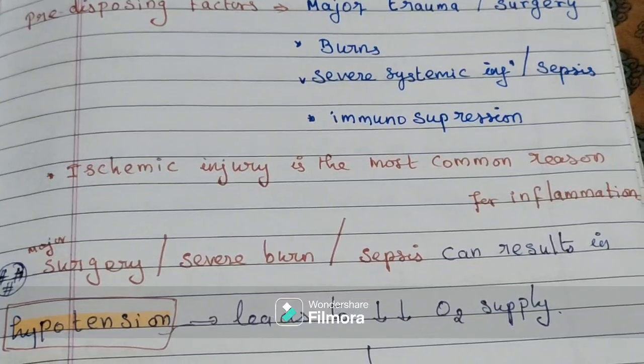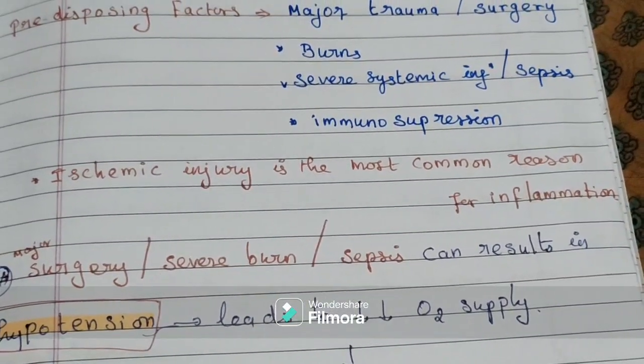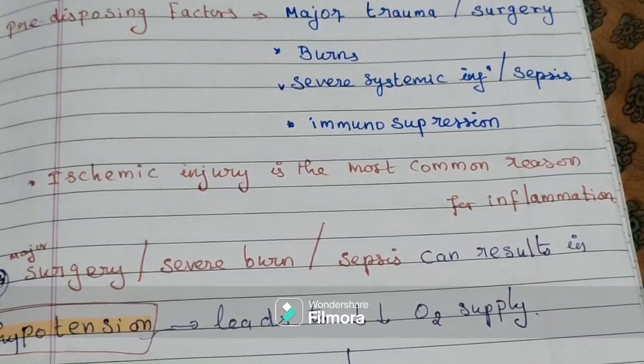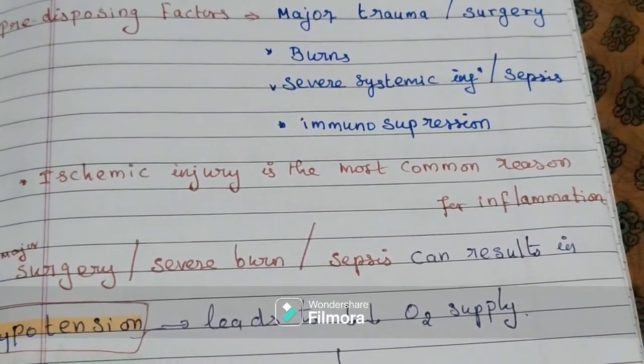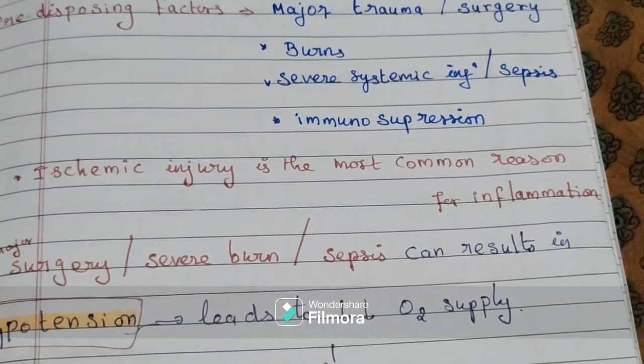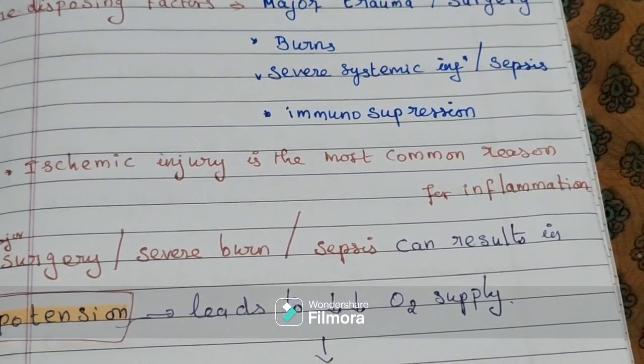Ischemic injury is the most common reason for inflammation. Why will there be ischemic injury? You have a major surgery, or severe burn, or sepsis.